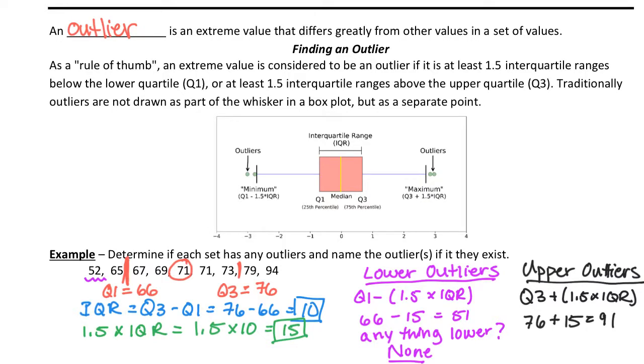So then we ask ourselves, is there anything higher than that value? And we can see right here, 94 is higher than 91. So 94 is an outlier. So it would be written as, or if we were drawing our box plot, we would put that as a point.